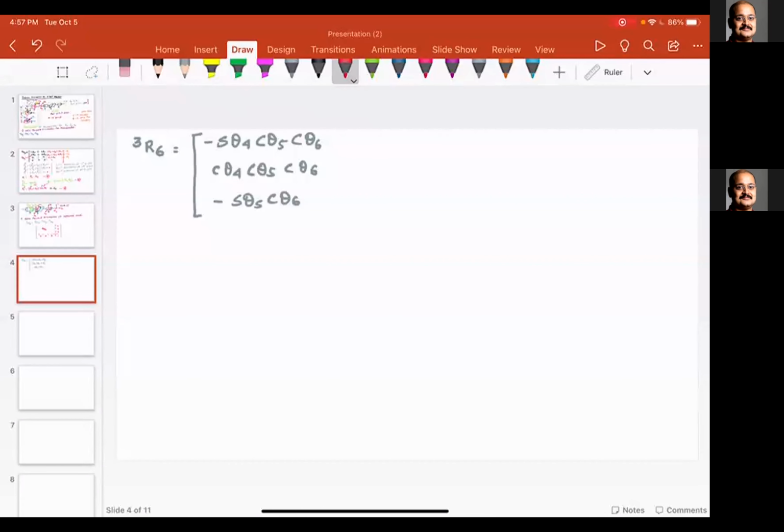The second column looks like sine theta 4, cosine theta 5, sine theta 6, minus cosine theta 4, cosine theta 6, minus cosine theta 4, cosine theta 5, sine theta 6. And clearly, you don't have to remember this. You can solve forward kinematics using MATLAB and then find the answer.